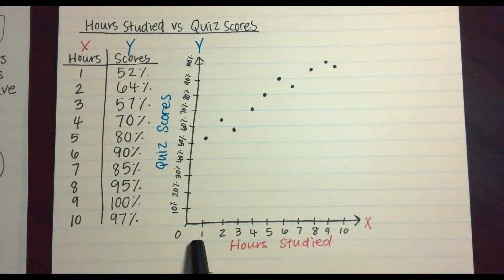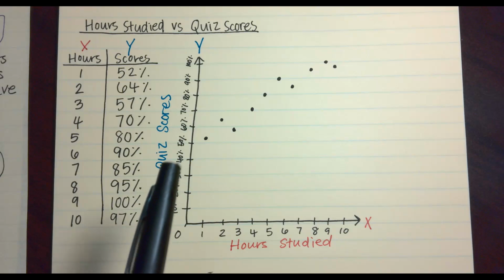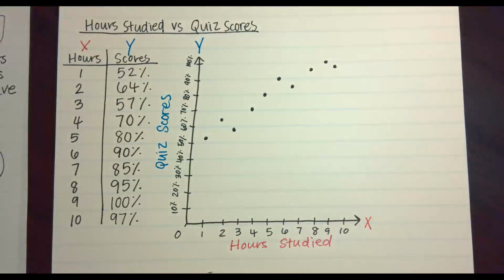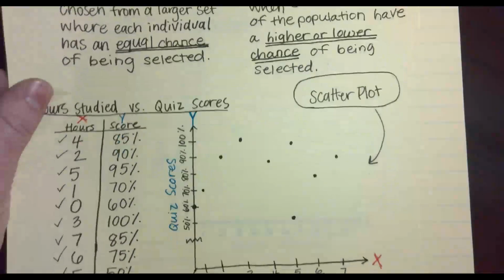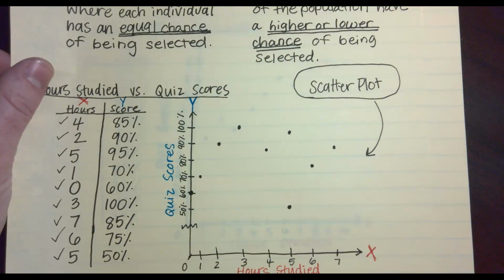So we could conclude here that the hours that you study is going to cause your quiz score to change. If you study more, it'll cause your quiz score to go up. If you study less, it'll cause it to go down. There's a bit of a correlation there. They are related to each other. In this case, there wasn't much correlation going on.